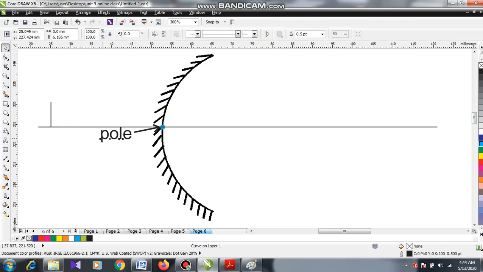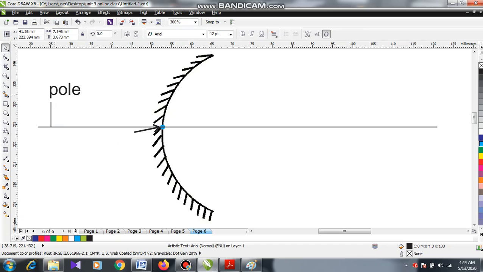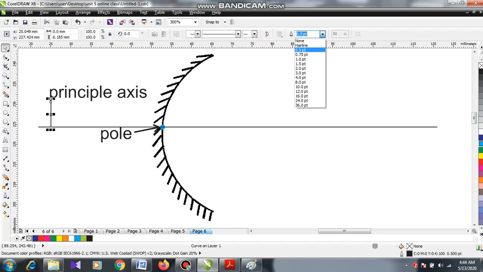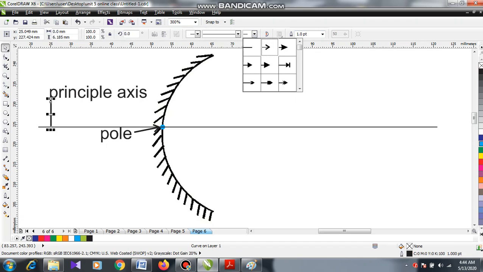So the second part I am introducing here is the principal axis. The principal axis is the horizontal line traveling through the pole. Got it? So let's give the arrow.